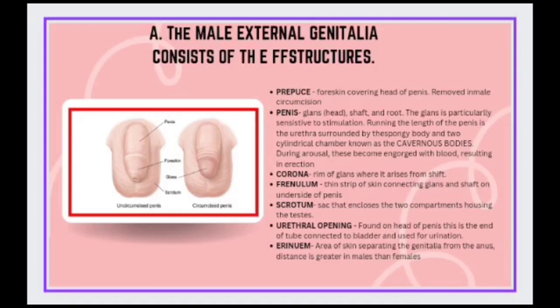Next is the perineum, the area of skin separating the genitalia from the anus. The distance is greater in males than females. The perineum also protects the nerves used to urinate or have an erection. It is the area between the anus and the scrotum.